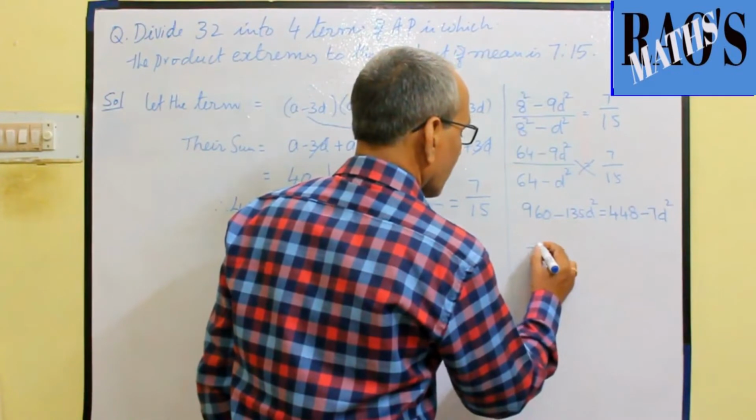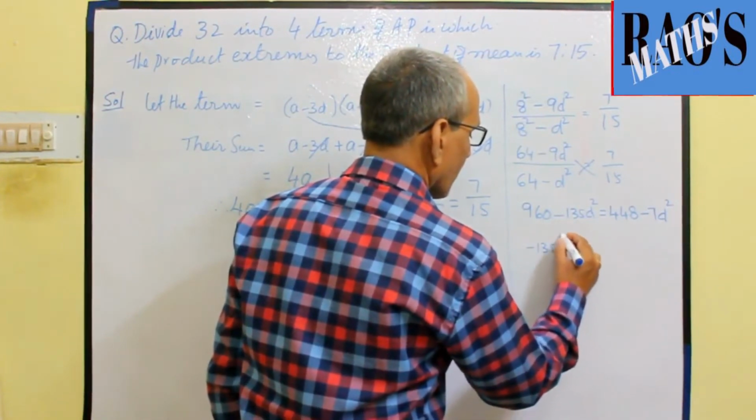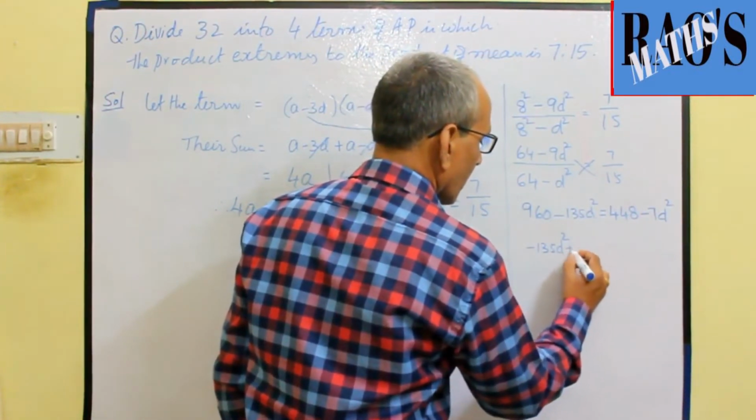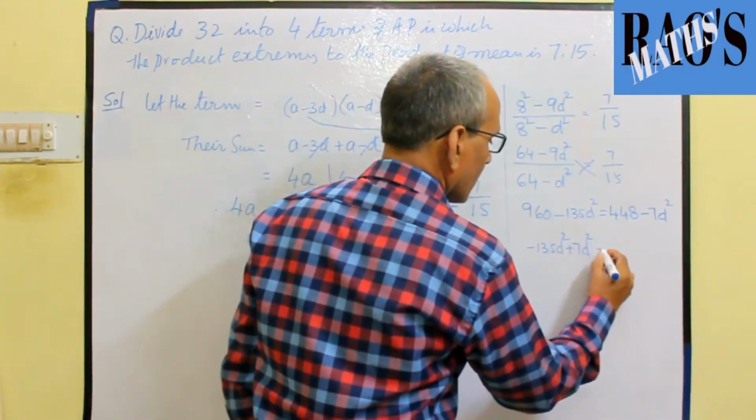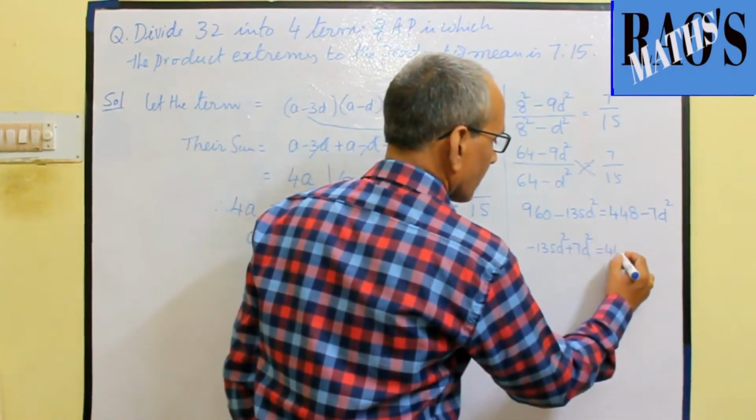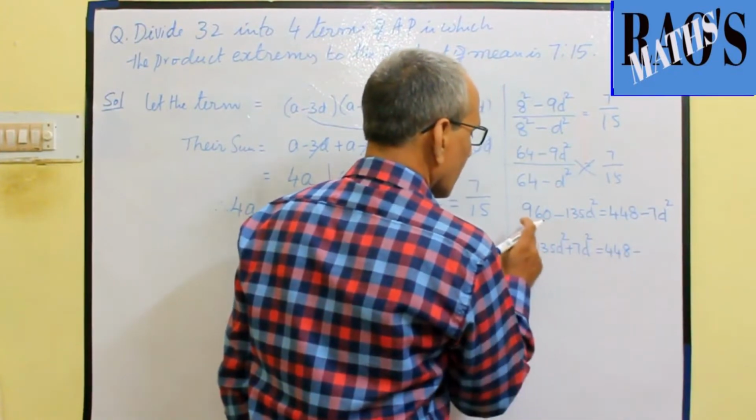So minus 135D square plus 7D square is equal to 448 minus 960.